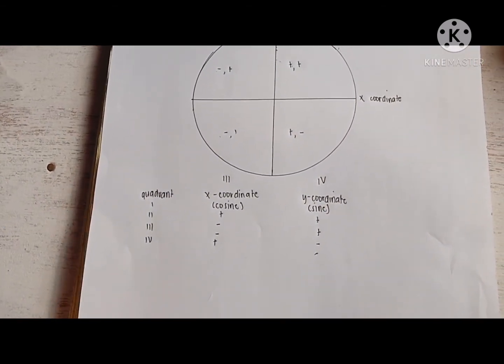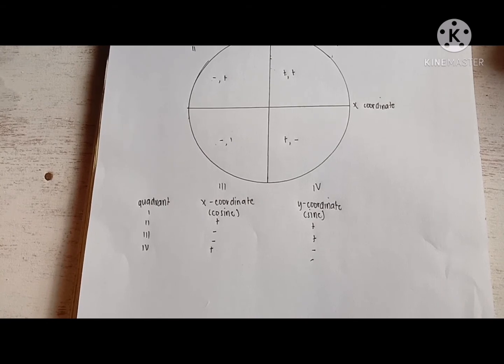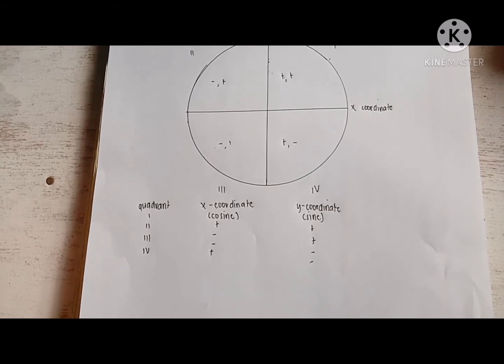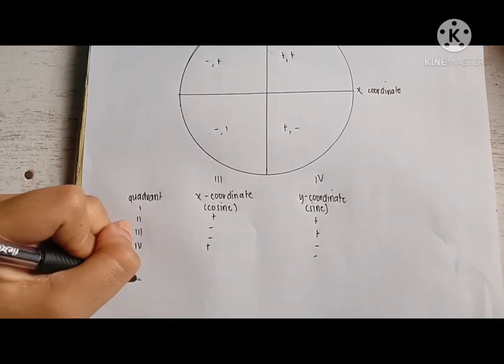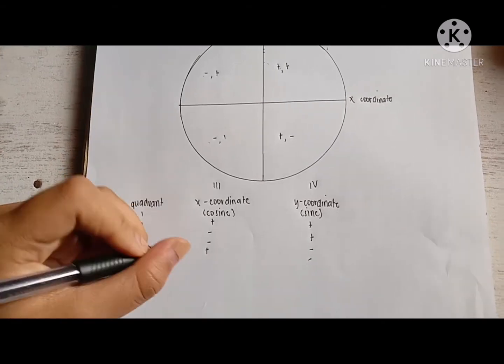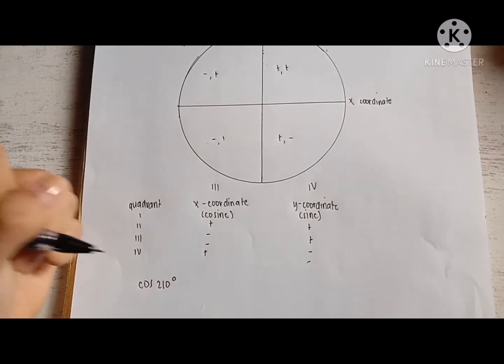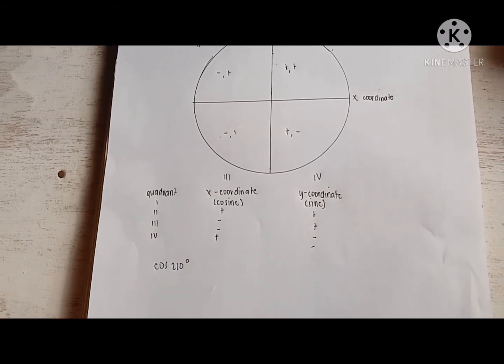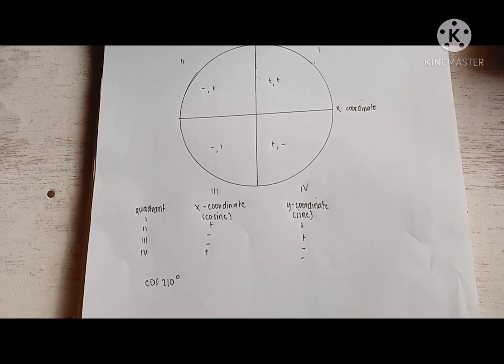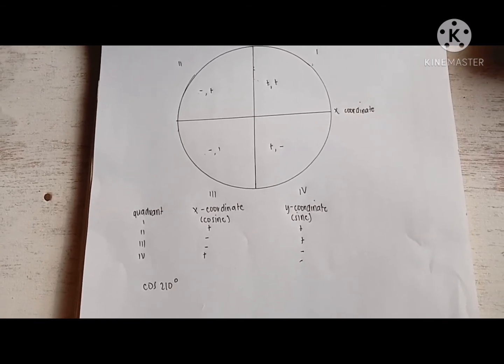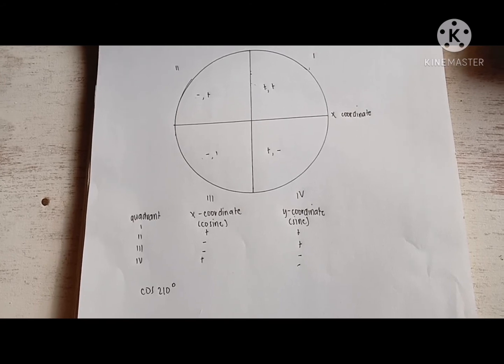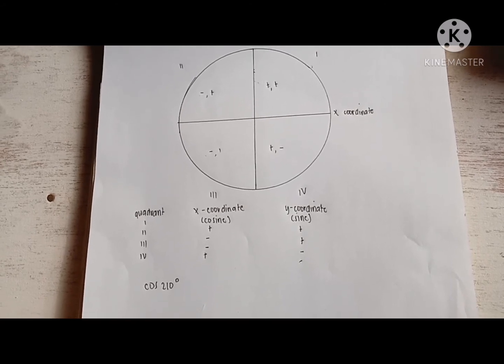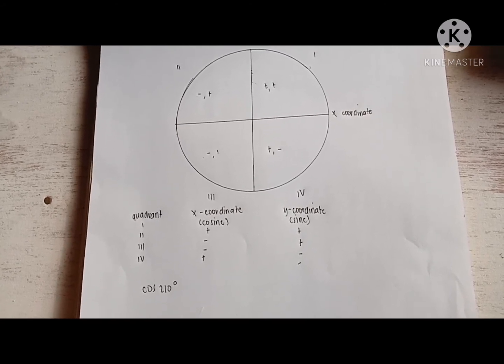For example, say you're given the following problem on a math test. So, the problem is cosine 210 degrees. Before you even try to solve it, you should be able to recognize that the answer will be a negative number, since the angle 210 degrees falls in quadrant 3.